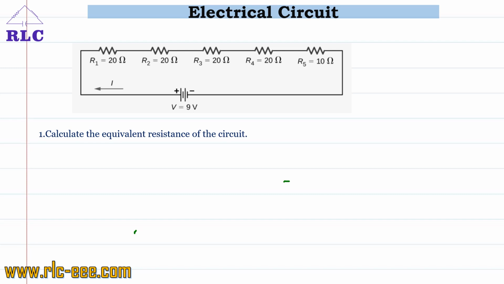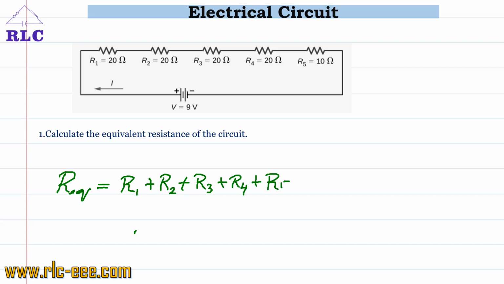If it is connected in series, it is the sum of all the resistances, correct? So R equivalent can be written as R1 plus R2 plus R3 plus R4 plus R5.